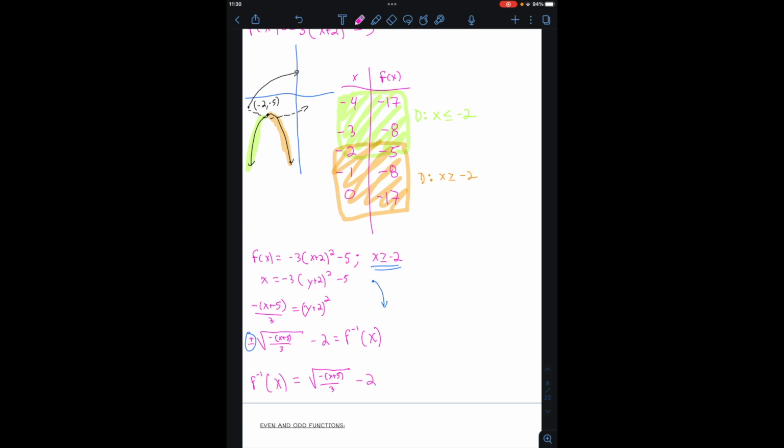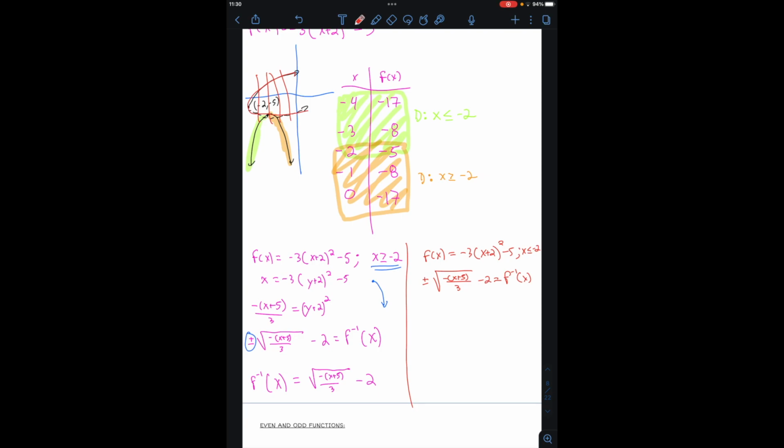Okay. On the other hand, if instead we had f of x equals -3(x + 2) squared minus 5 with the domain restriction x is less than or equal to -2, basically all the math would be the same, but when we get to this plus or minus square root of (-x + 5)/3 minus 2 as f inverse x, again, that's describing both of these, failing the vertical line test, which is a problem.